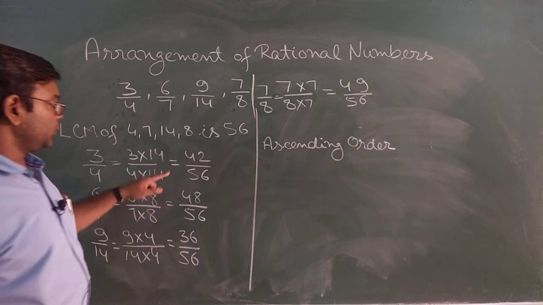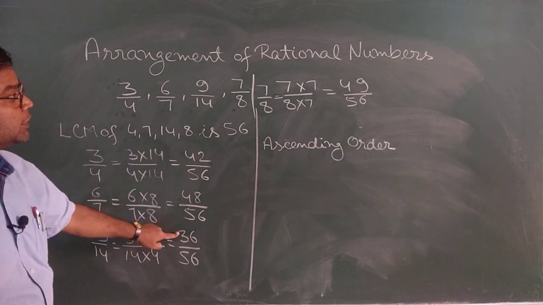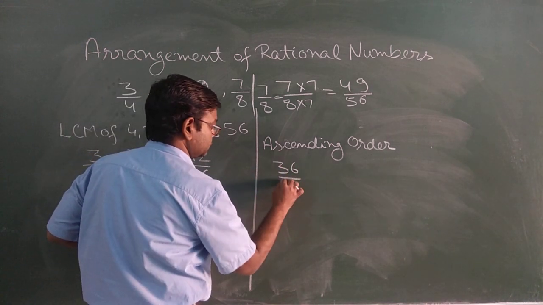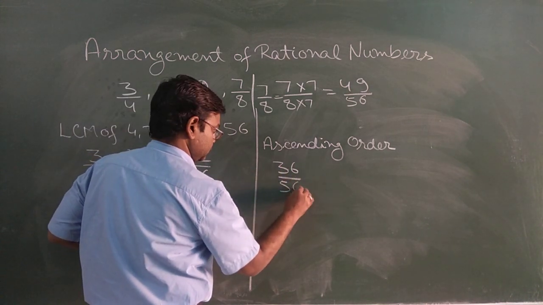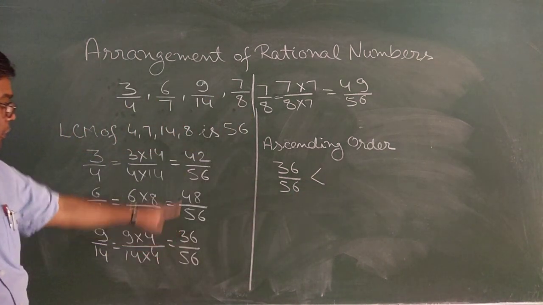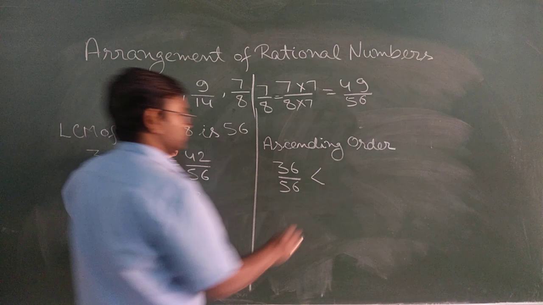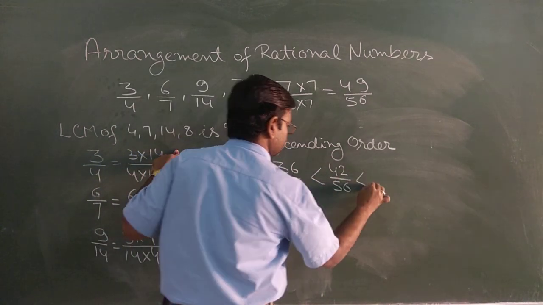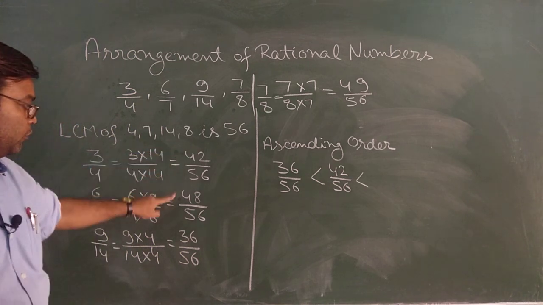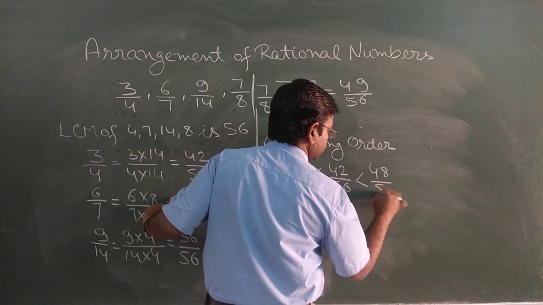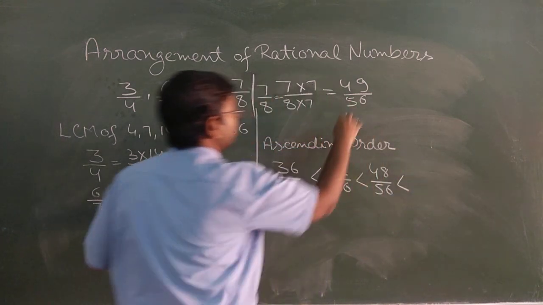So which one is the smaller one? 42, 48, 36. I think 36 is the smallest. So this rational number we must write down is smaller than which number? This one, 42. Then 48. Then 49.